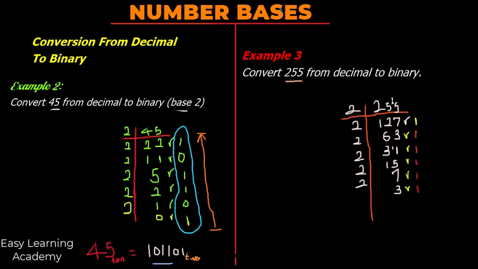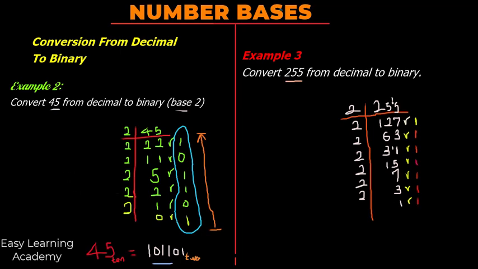So we keep on dividing until we are done. 2 goes into 3, how many times? That will be 1 time. Is there any remainder? Because 2 times 1 will give us 2, and we're looking for 3, so there's a remainder, remainder 1.